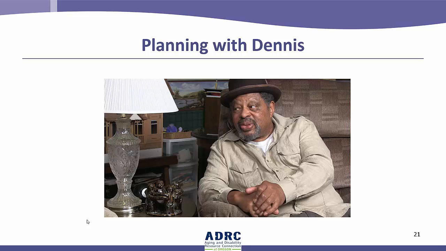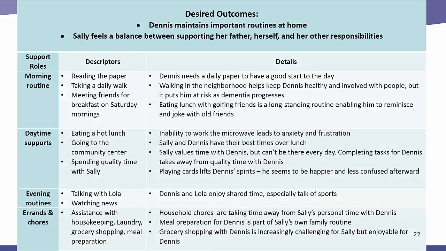Sofia shared Dennis's daily routines chart that had come out of their first meeting. Dennis, his other daughter, and friend each added important information about his routines, and Sofia kept checking in with Dennis to see if he agreed. This was important modeling for the family, and by the end of the meeting, they were talking with Dennis rather than about him.